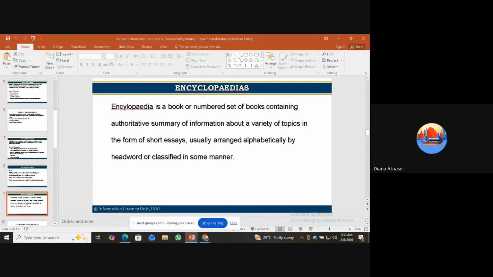So an encyclopedia is a set of books containing a summary of information written by experts in a variety of topics, and mostly they are arranged alphabetically.